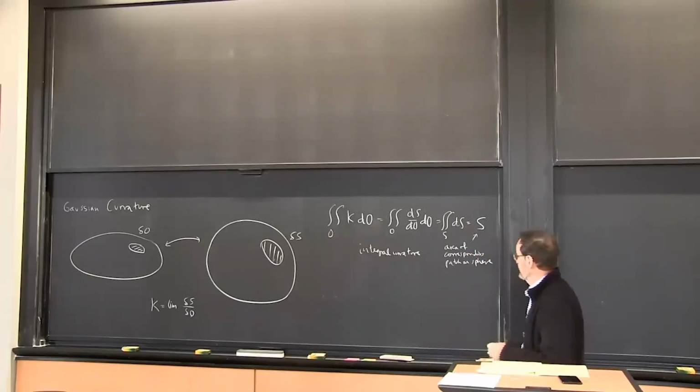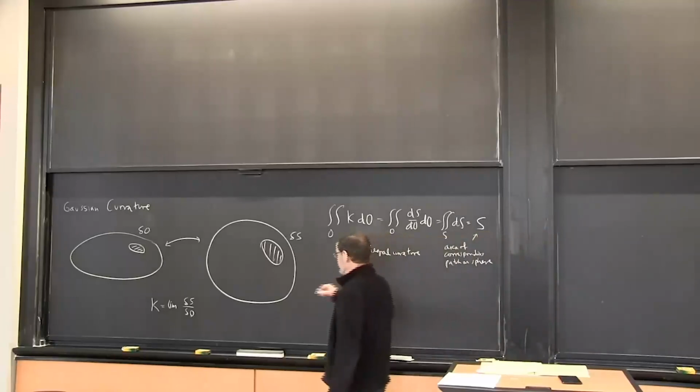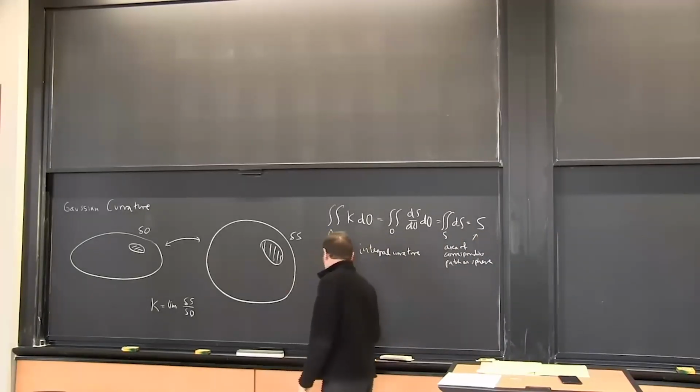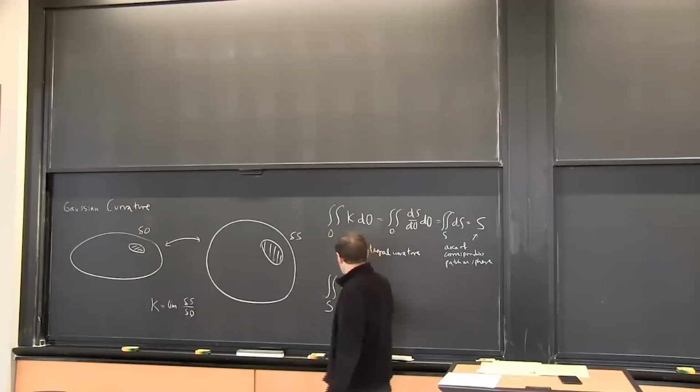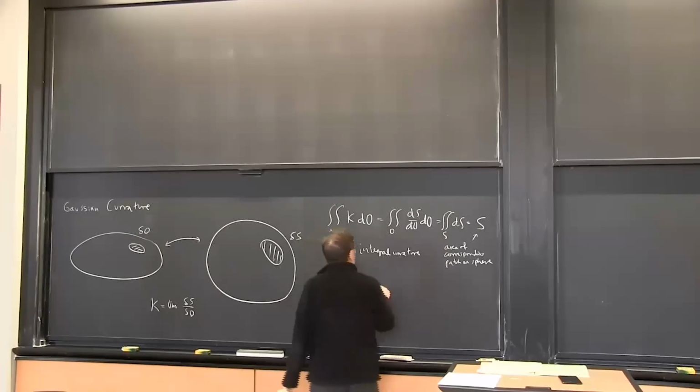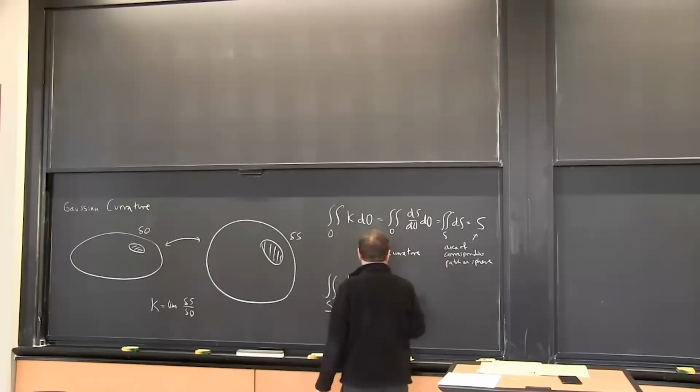But before we talk about that, let's go the other direction. Instead of integrating on the object, let's integrate on the sphere, 1 over K, and change variables.